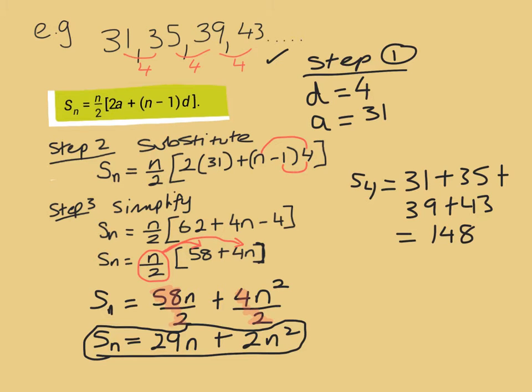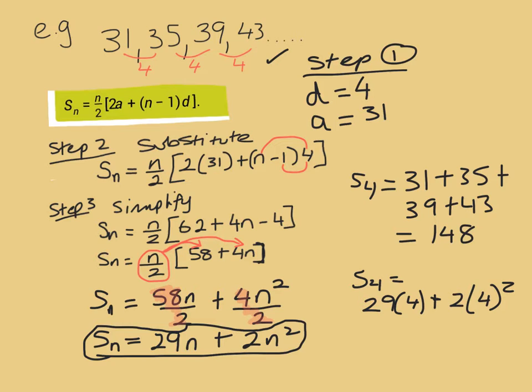But I can actually use my formula to do this. So S4 equals 29 by 4 plus 2 by 4 squared. All I've done there is replace the n's in this formula with 4. 29 by 4 plus 2 by 4 squared gives me 148 as well.